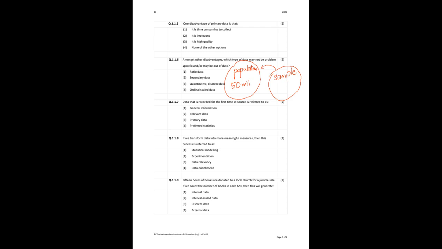So I'm going to say here that the sample is a representative because you're drawing people or data values from the 50 million. Let's just say we draw 1,000 people. Okay, so 1,000 people is your sample. They are based on or drawn from the population of 50 million.